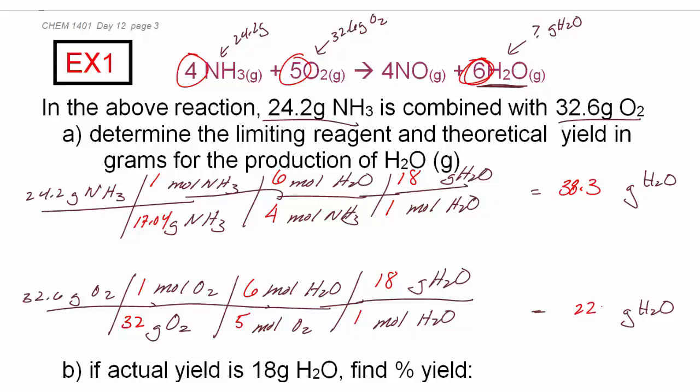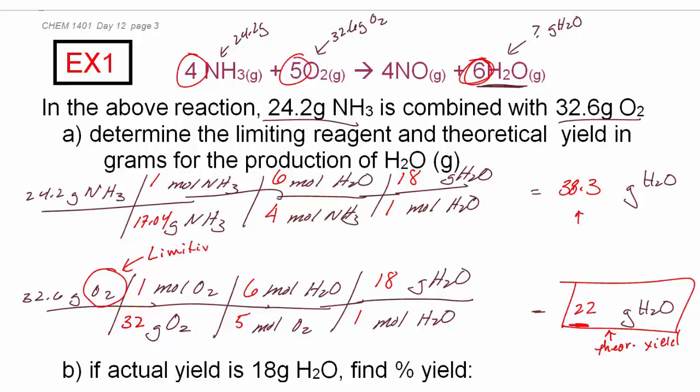So which one is my answer? It's the smallest one. I don't have enough oxygen to make that much water. I can only make this much water. So there's my theoretical yield. And then they said determine, and we should label these, because that's my theoretical yield. So that means that oxygen is my limiting reactant, or reagent, same thing.